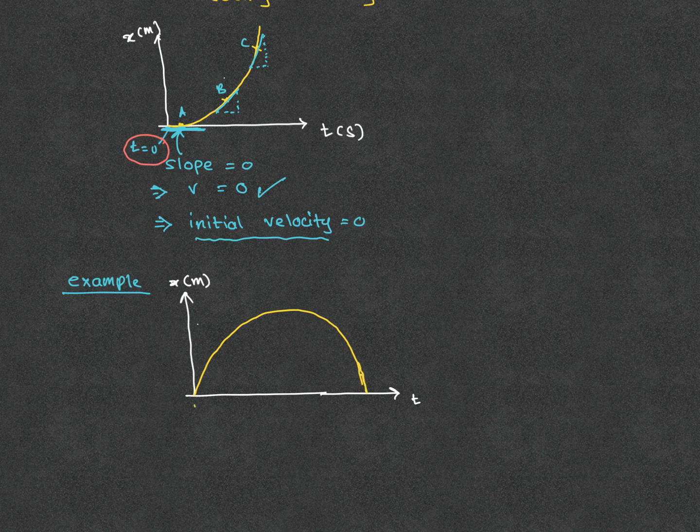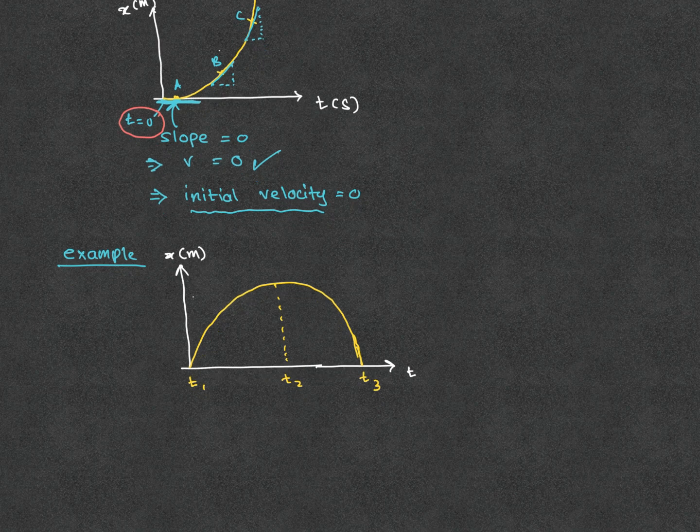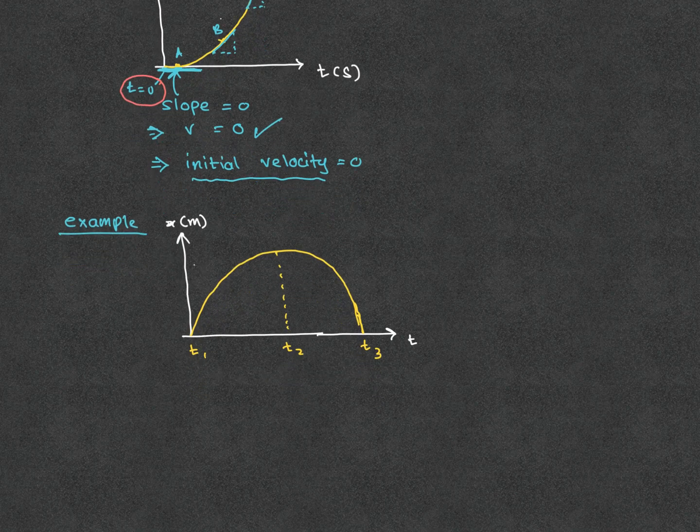So I can call this T1, initial velocity. I can call this T2, a middle velocity, and here you have T3. So I can ask you to explain the behavior going from T1 to T2, and then from T2 to T3. And we discussed velocity is a vector, therefore it can have both positive and negative velocities, right?